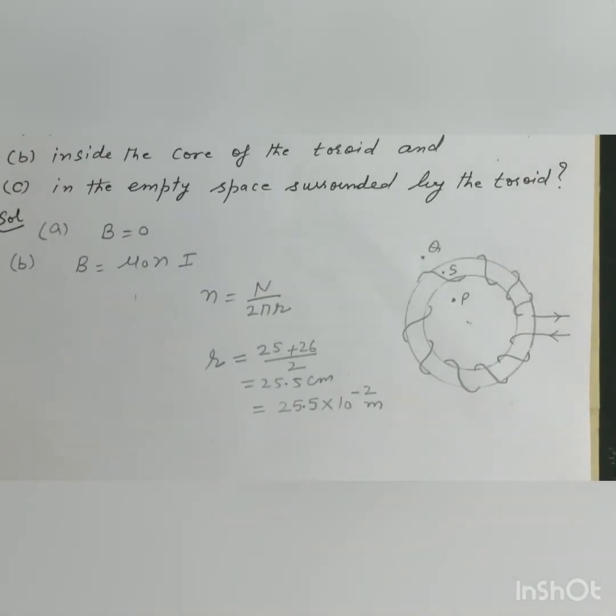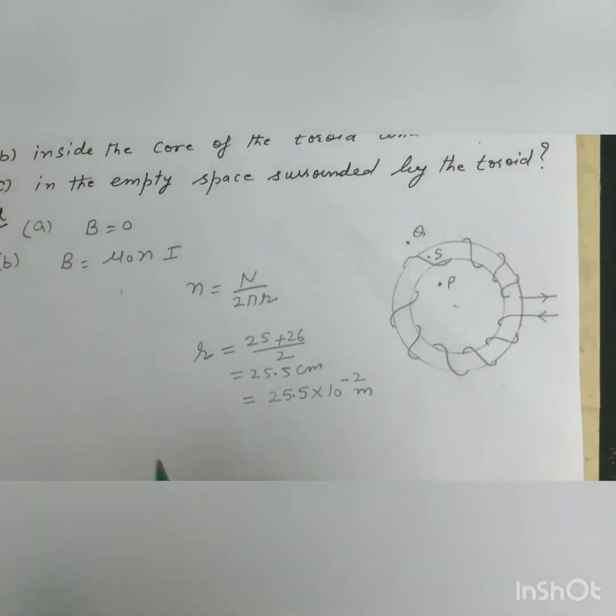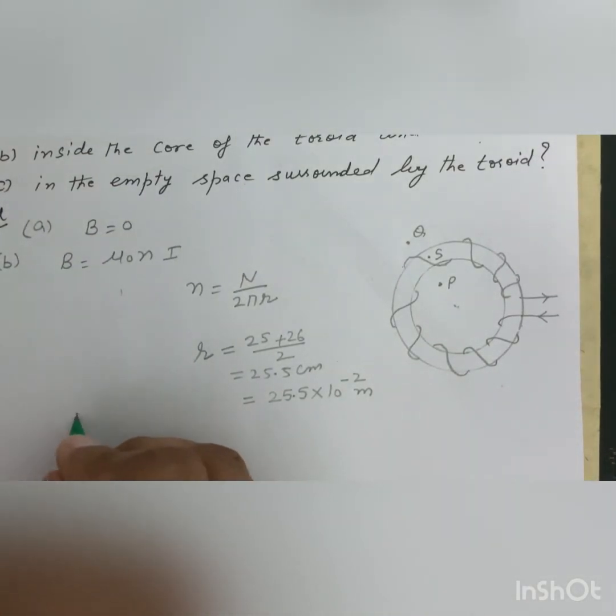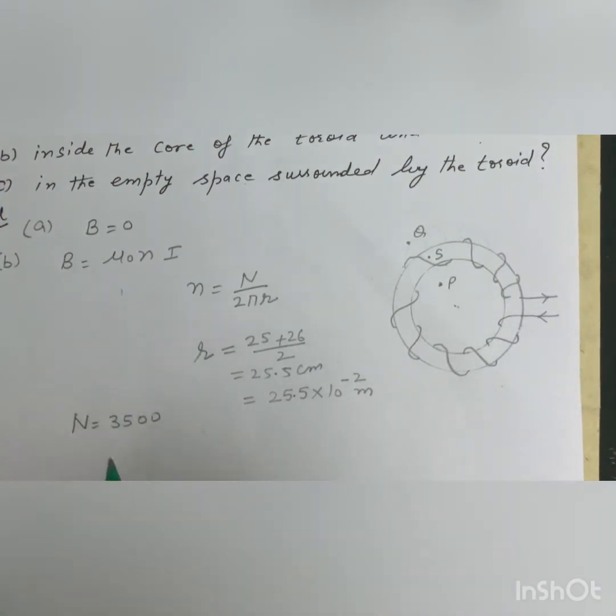Here N is given, that is 3500, and I equals 11 ampere.